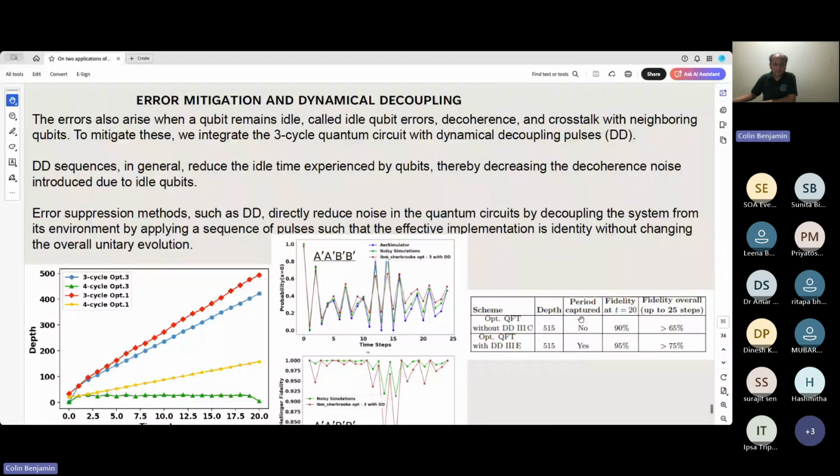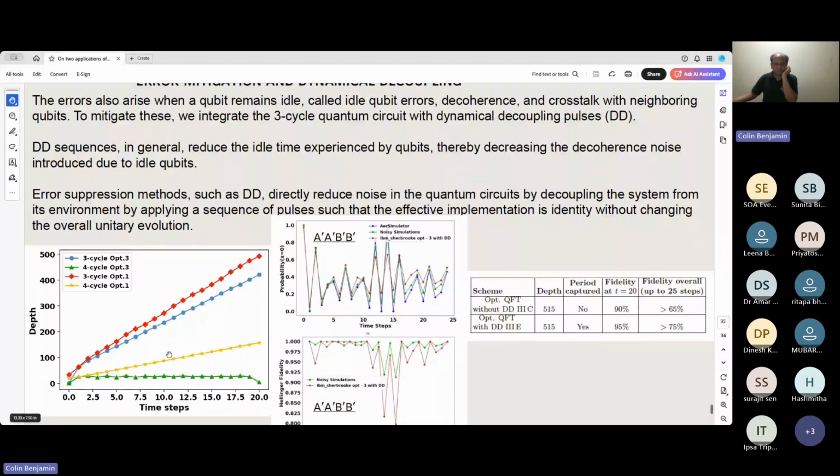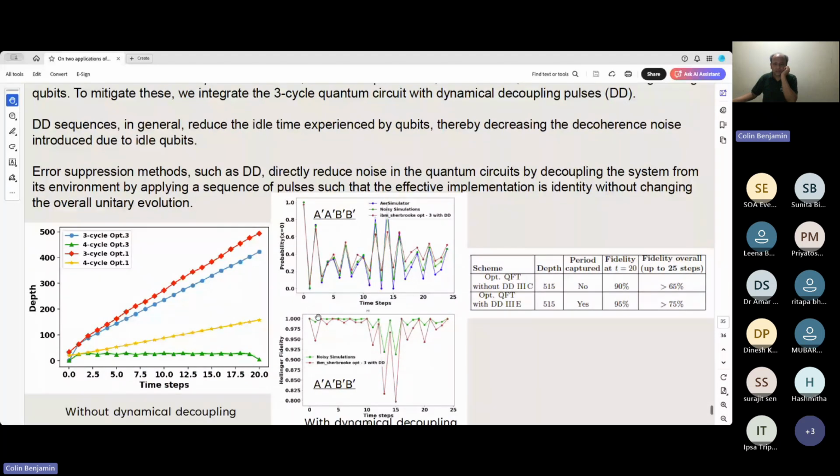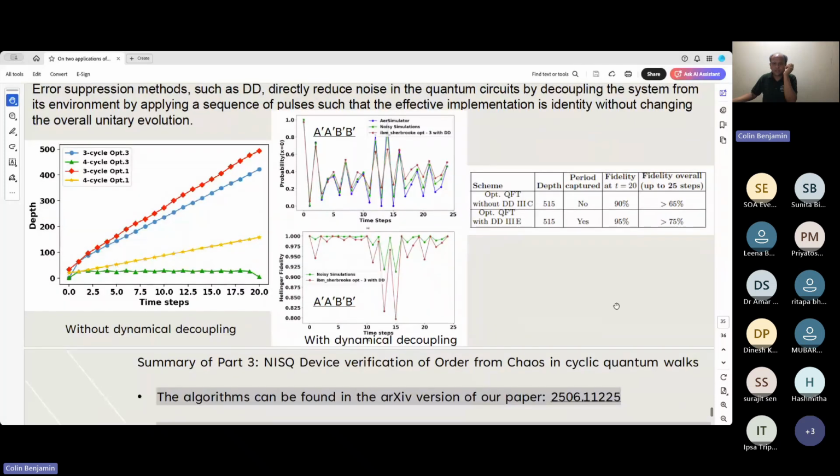These are the results for 3 cycle. If I optimize my QFT protocol with dynamical decoupling pulses, my fidelity improves overall to 95% from 90. And for 25 time steps, the fidelity at periodicity time equal to 20 increases from 90 to 95%, and overall fidelity from 65 to 75%.